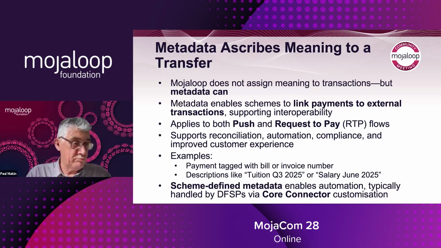This can be used certainly in a push or a request to pay, but others could support it as well. And the metadata supports reconciliation. It contextualizes the payment and allows a DFSP to manage the payment beyond just the amount, the sender and the recipient. It's not strictly required for a transaction to move money, but it is crucial for reconciliation and also the customer experience.